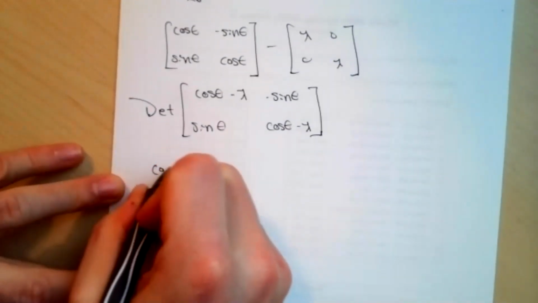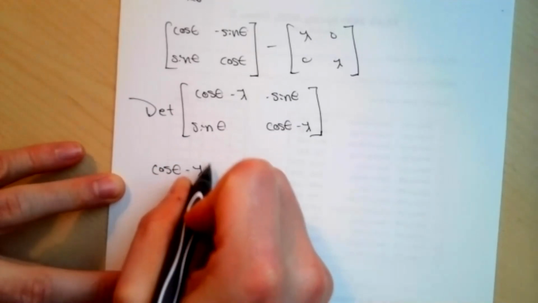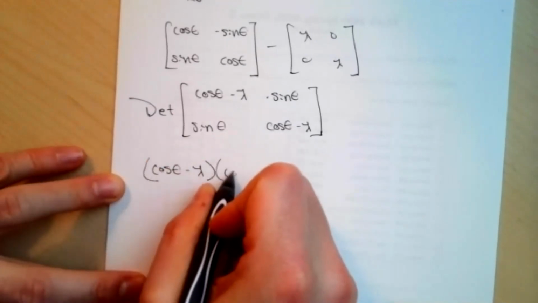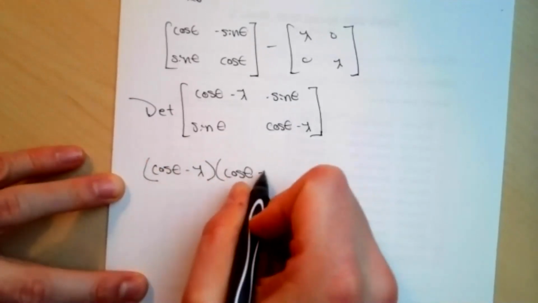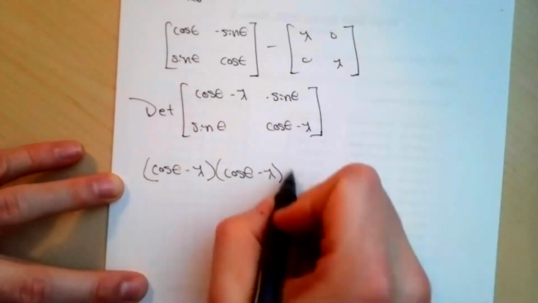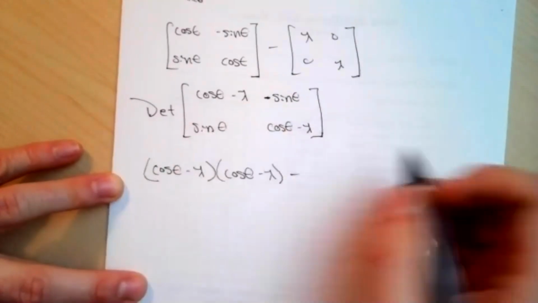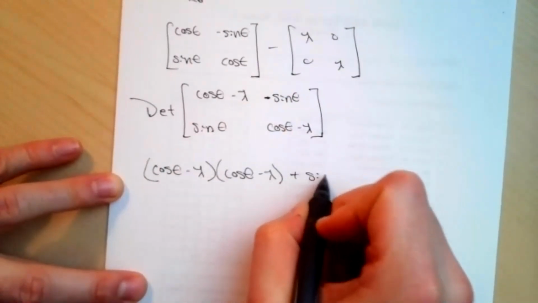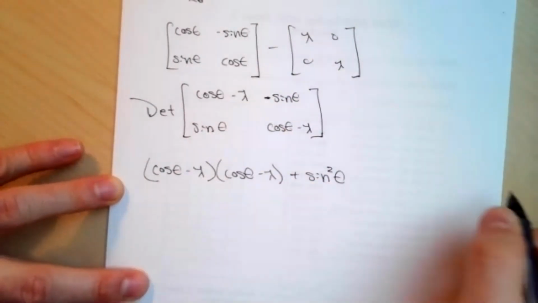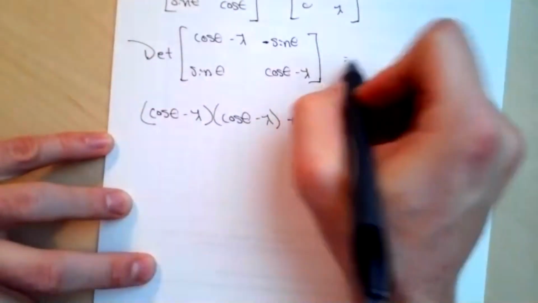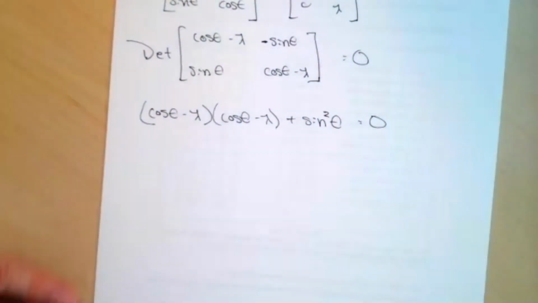So what are we going to get? We're going to get cosine theta minus lambda, cosine theta minus lambda. So that's squared, minus negative sine times sine will give us a positive sine squared theta here. And we want to set that equal to 0.